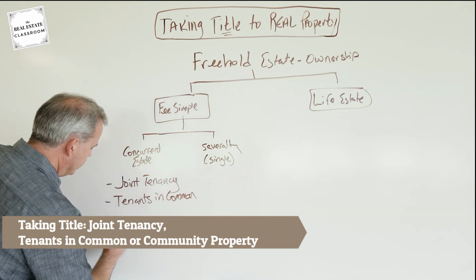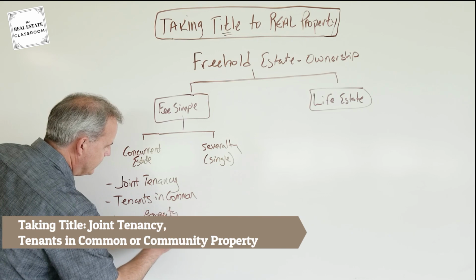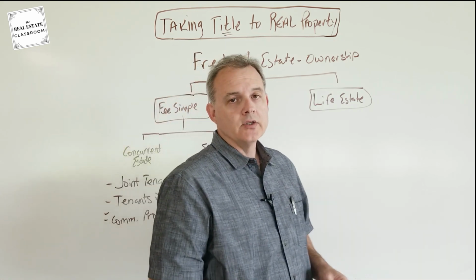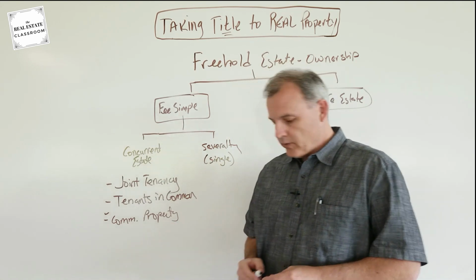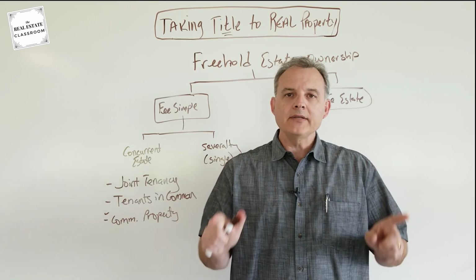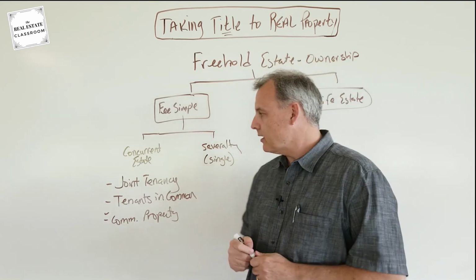And then we have community property. Now, community property is not available in all 50 states. So there is a chance that you may live in a state where community property is not recognized. So let's talk about the basics of all three, and then we're going to run through an exercise and it'll kind of help you illustrate what I'm talking about here.